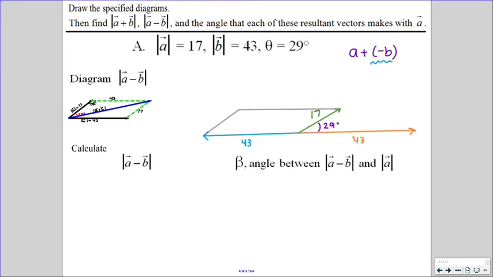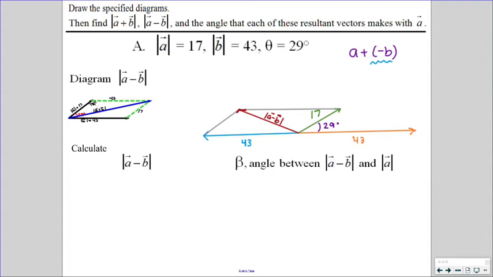And then again, starting from the angle where the tails meet, to the opposite corner of this parallelogram, that is the sum of these two vectors. Now, the sum of these two vectors was a plus negative b. That becomes our a minus b vector. Right?